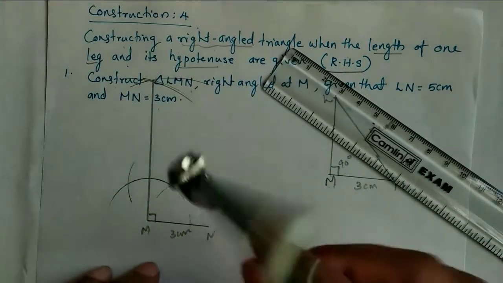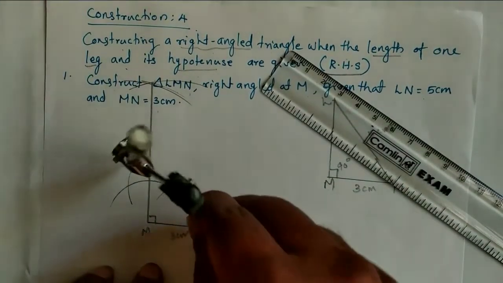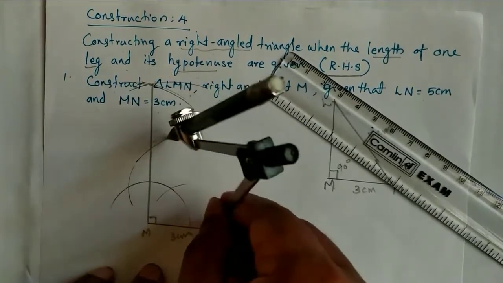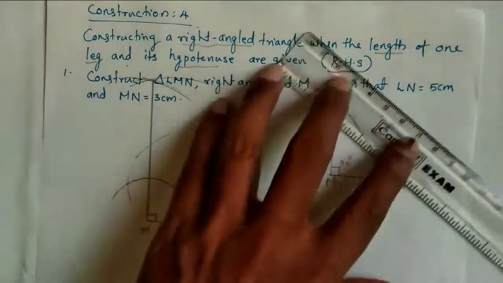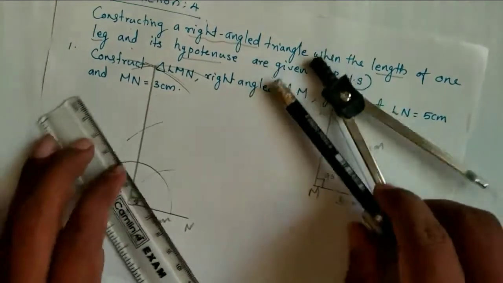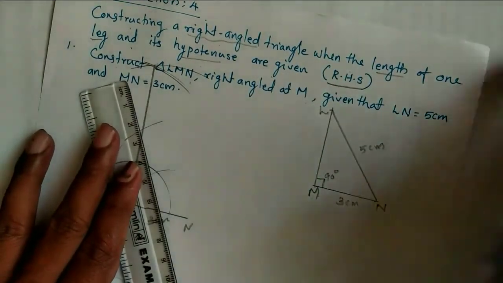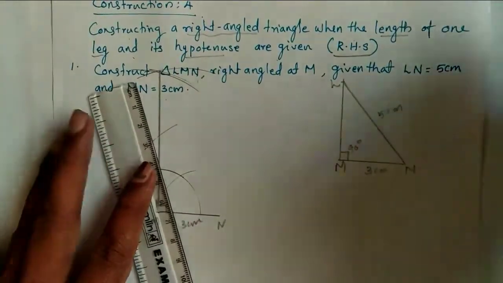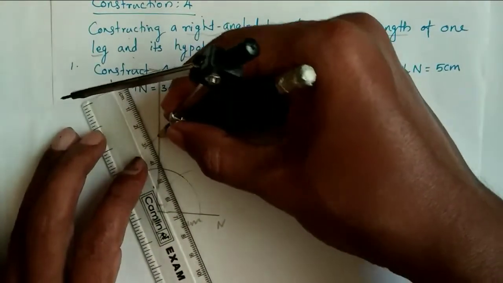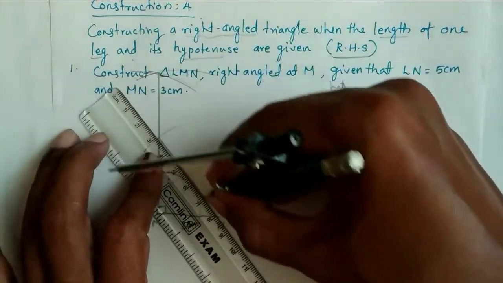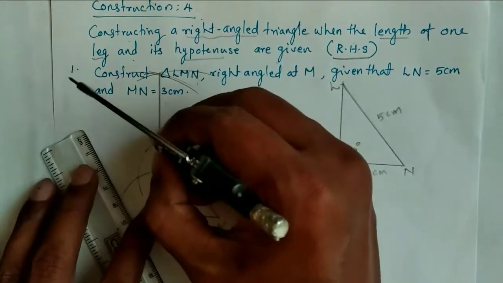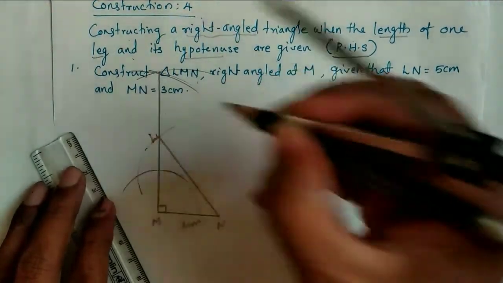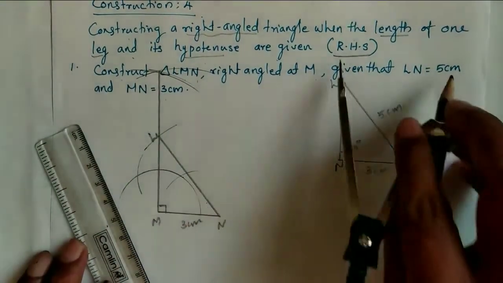From N draw an arc on the perpendicular line, so that is L. From L to M draw LN, that is the hypotenuse of the right angle triangle. So this is the LN, 5 centimeter.